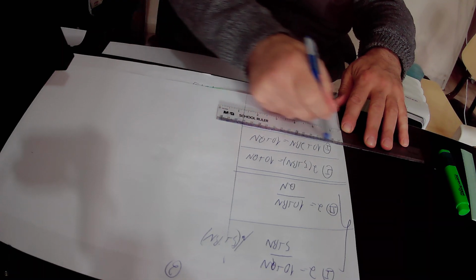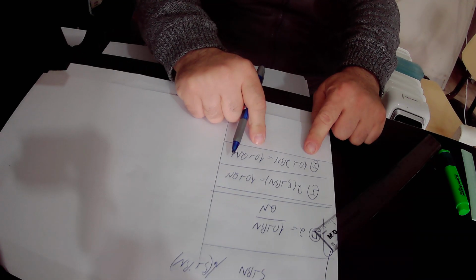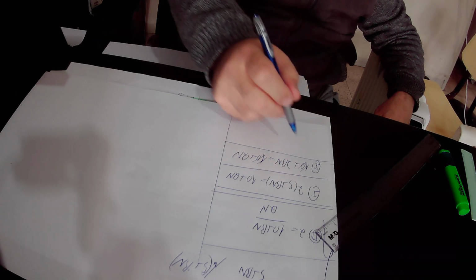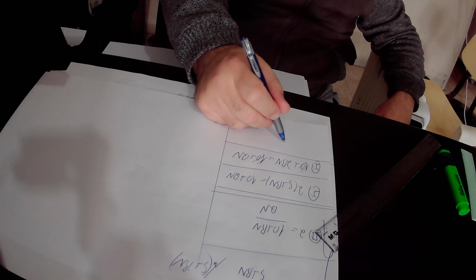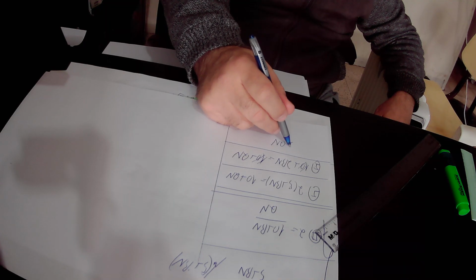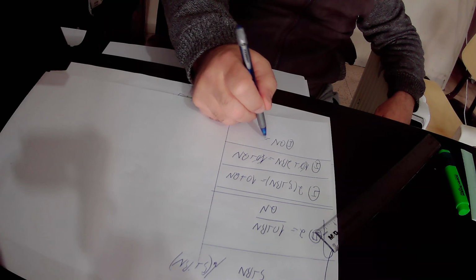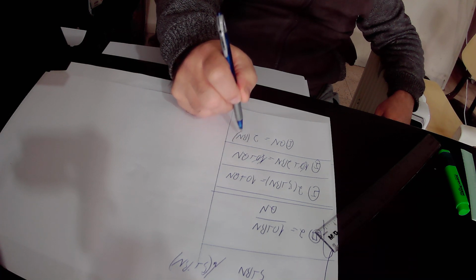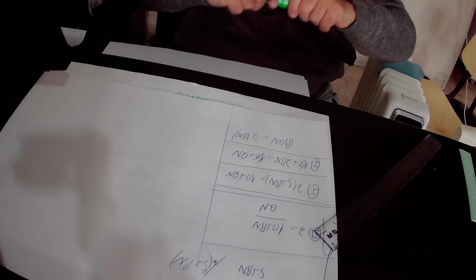So here we have 10 on both sides of the equation, so 10 cancels, and we are left only with QN equals 2 times BN. This is according to equation number 1.